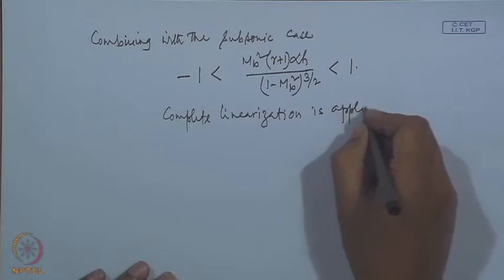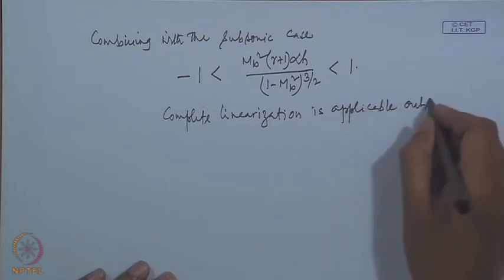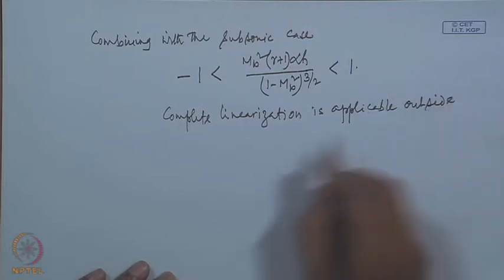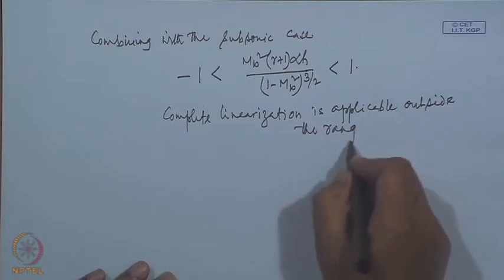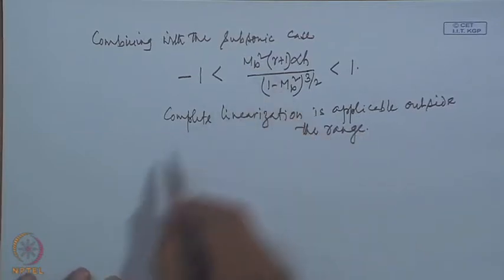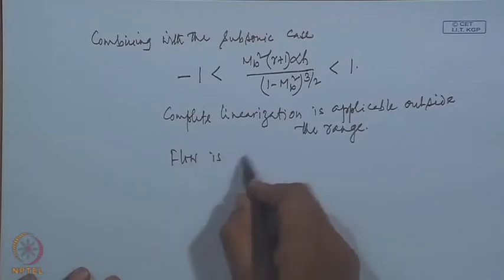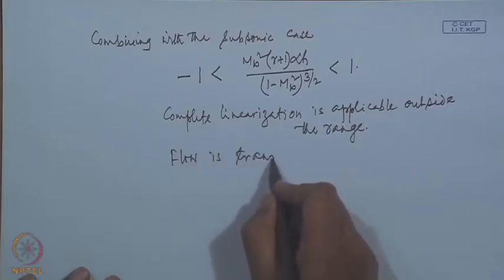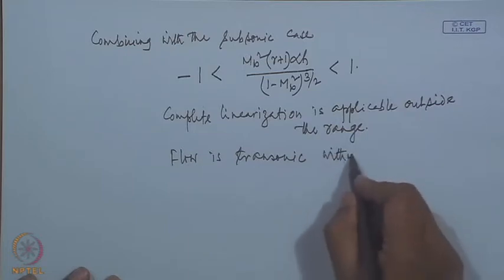Complete linearization is applicable outside the range, and the flow is transonic within the range.